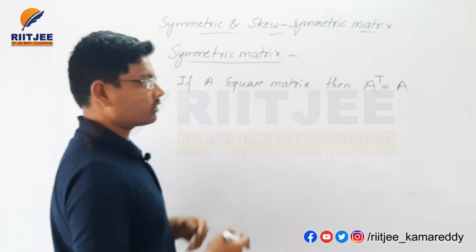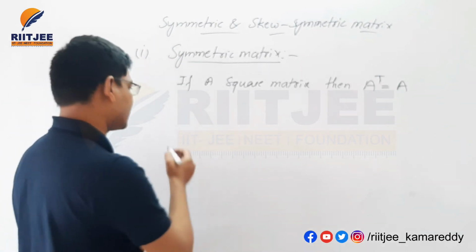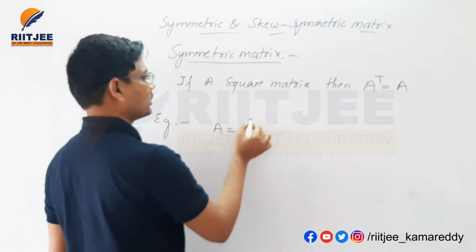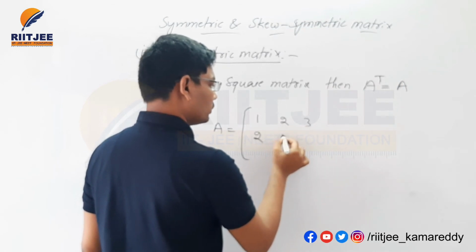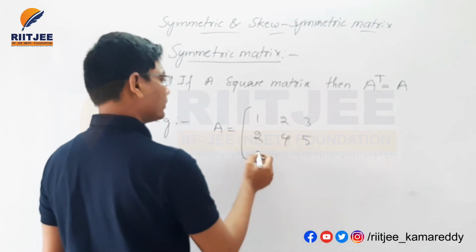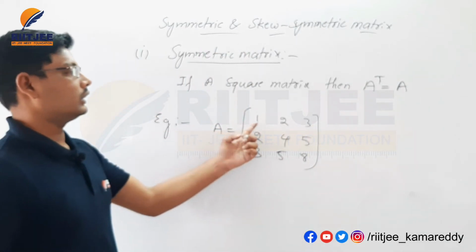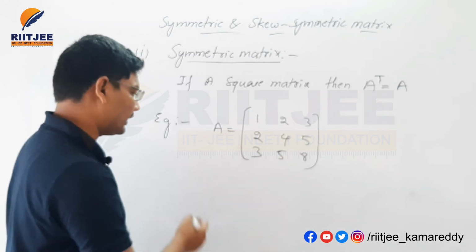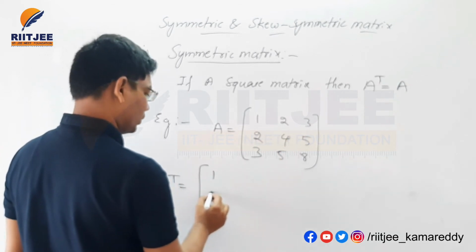If you transpose any square matrix and again get the same matrix, then it is called a symmetric matrix. For example, let us take one matrix A equal to 1, 2, 3 and 2, 4, 5 and 3, 5, 8. If you transpose this matrix, A transpose is equal to 1, 2, 3.